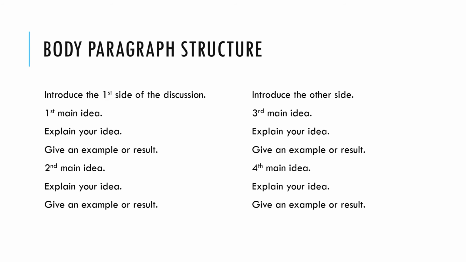And the structure is pretty much the same for the second body paragraph. Now the thing about the structure, it is a tool only. Even if you follow this, there's no guarantee you're going to get the score that you desire. This is just a framework to make it a little bit quicker and easier for you to fully develop your answer, to fully answer the question, and to get the 250 words.